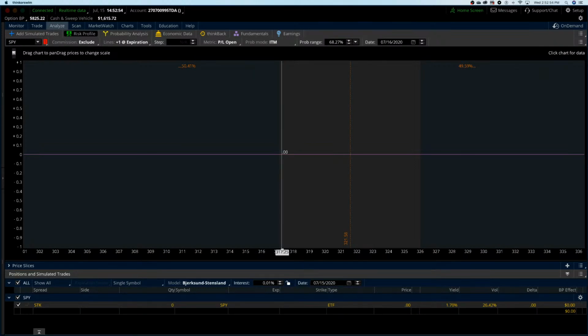But then they're going to learn how to take that extrinsic value and find out how it can be overstated in the market. In other words, options are overpriced. When something's overpriced and you own it, that means that you can sell it for a profit. And that's what I'm going to show people. I'm going to show people how they can consistently take options. And when I say consistent, I mean daily, and be able to extract a little bit of profit out of it.